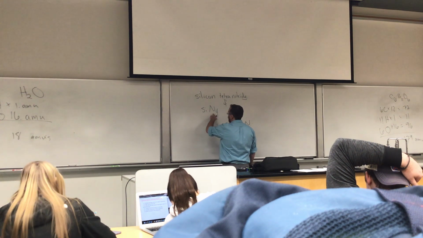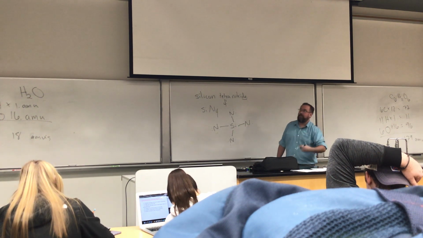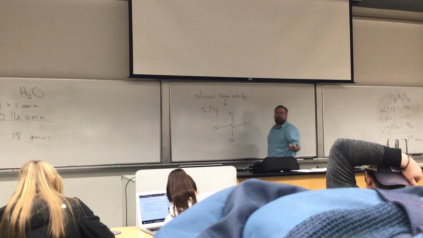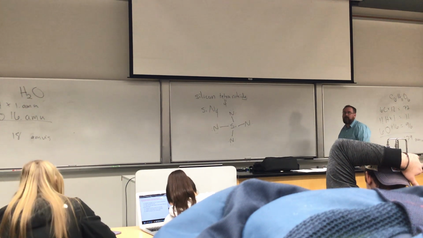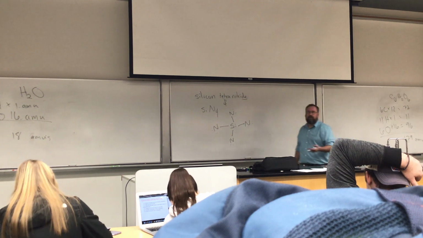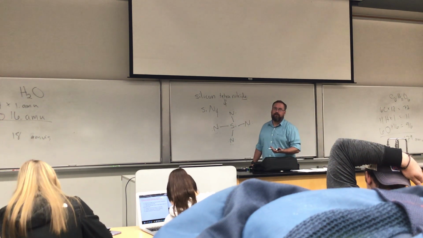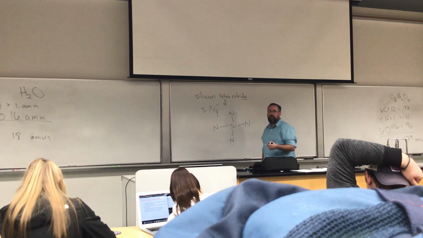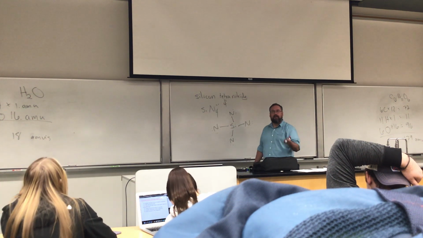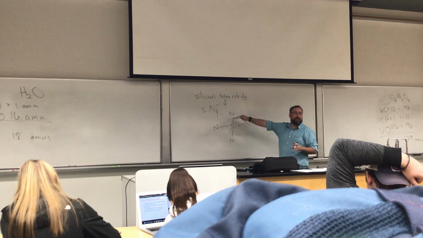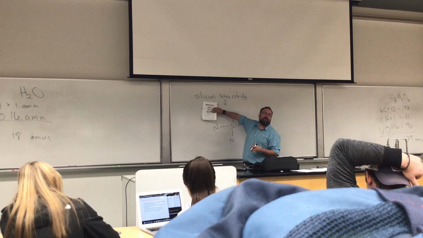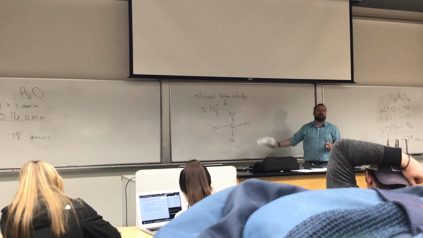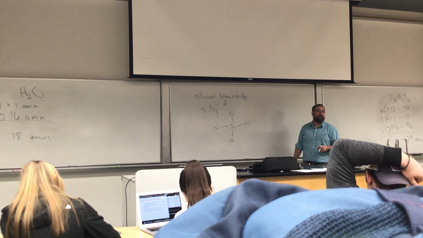If we treated it as a full -3 for each of them, that would be a -12. Silicon can only lose 4 valence electrons, so it can only go up to a +4 charge. So each nitride is only behaving as a -1, if we're treating it as an ionic system, which we're not, because this is a molecular compound. There aren't enough electrons in the system for us to reach our octets.